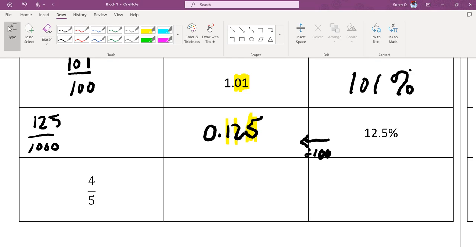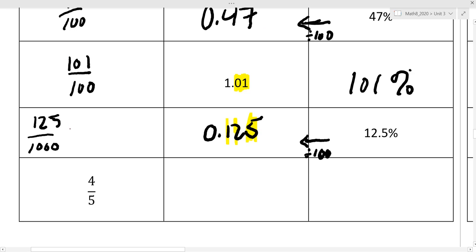On the other side of the page, we reduced 125 over 1,000. If you wanted to write it in simplest form, we did it, so I'm not going to reduce it here. What would 4 over 5 be as a decimal? 0.8.